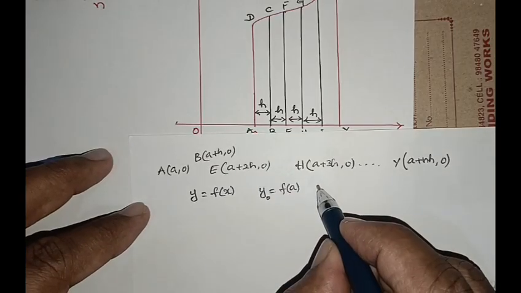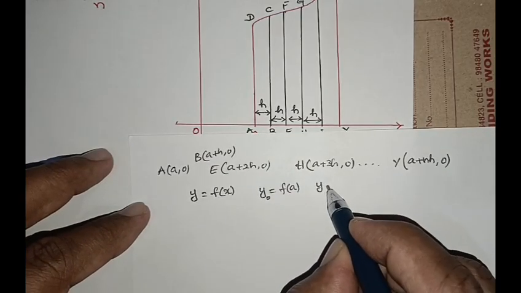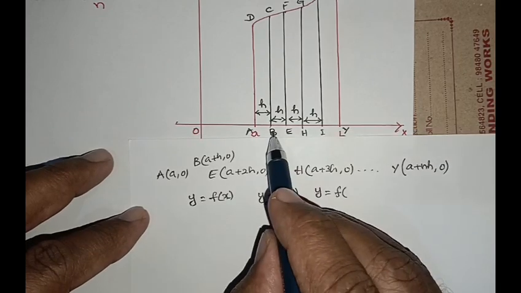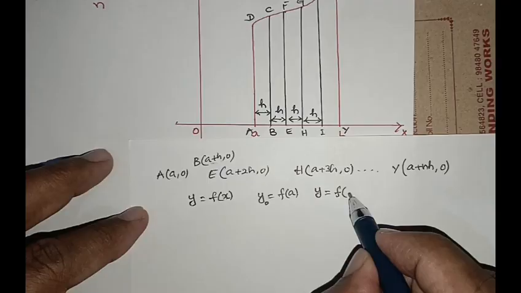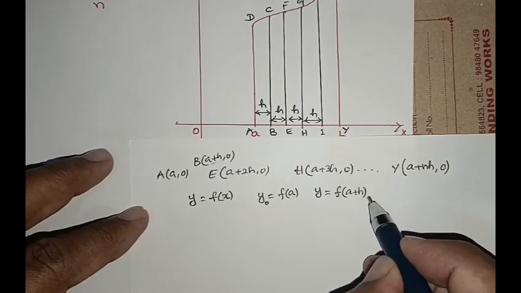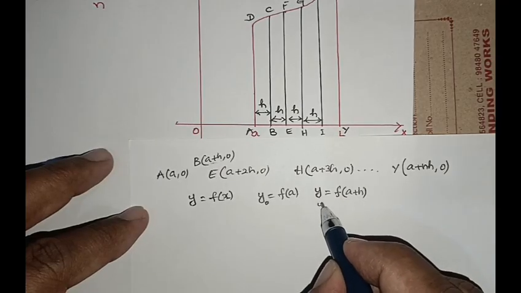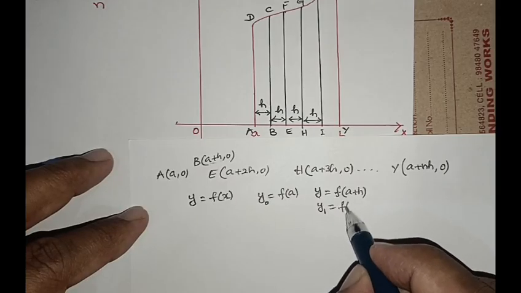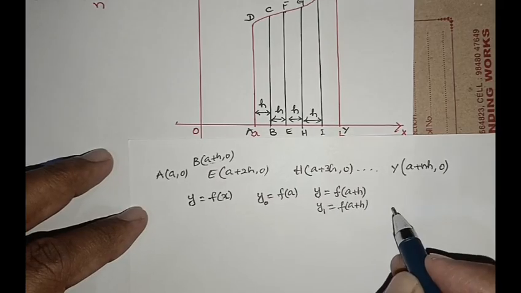Similarly, when y is equal to f of x and x takes the value a plus h, let us denote this value by y1. y1 is f of a plus h.